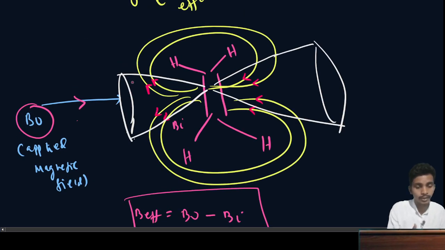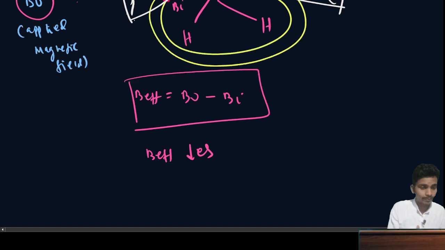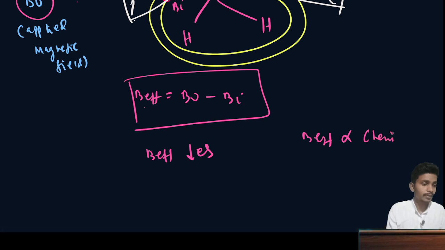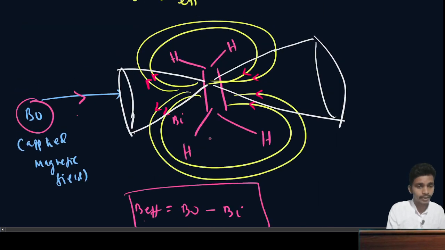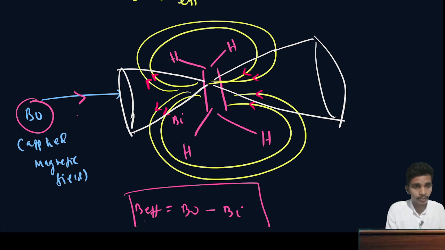If the protons of these systems are present inside the cones, the B effective value will decrease, and B effective is directly proportional to chemical shift. It means that if protons are present inside the cones, they have a very low chemical shift.